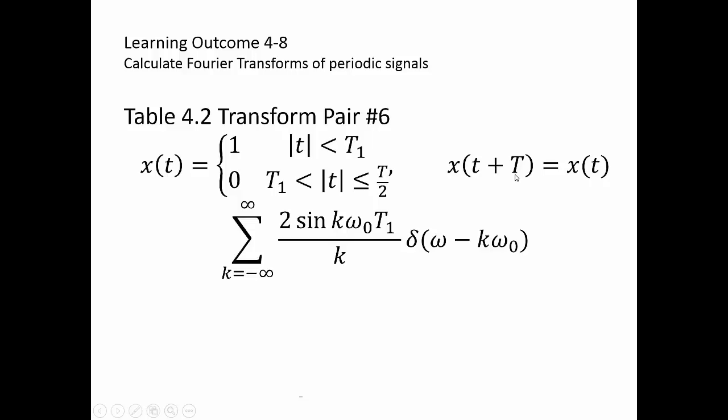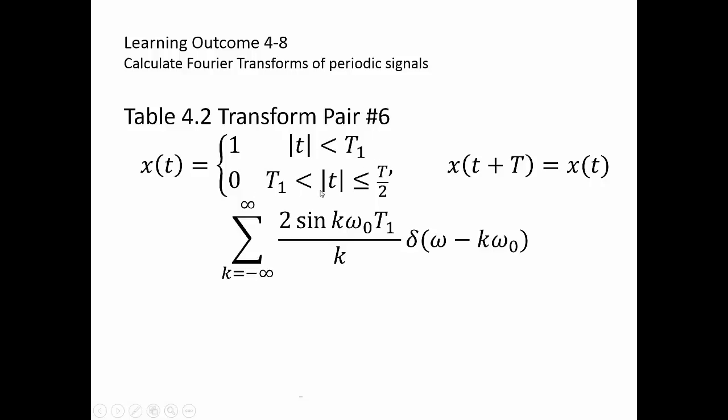We're going to have a period of capital T. And that the transform of this is going to be the sum of k equals negative infinity to infinity, 2 sine of k omega naught t1 divided by k, delta of omega minus k omega naught. What's omega naught? It's related to capital T, your period, 2 pi over capital T. It hasn't changed any.